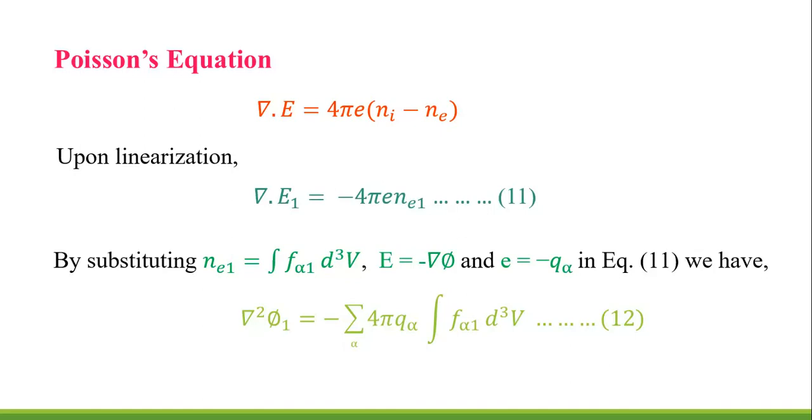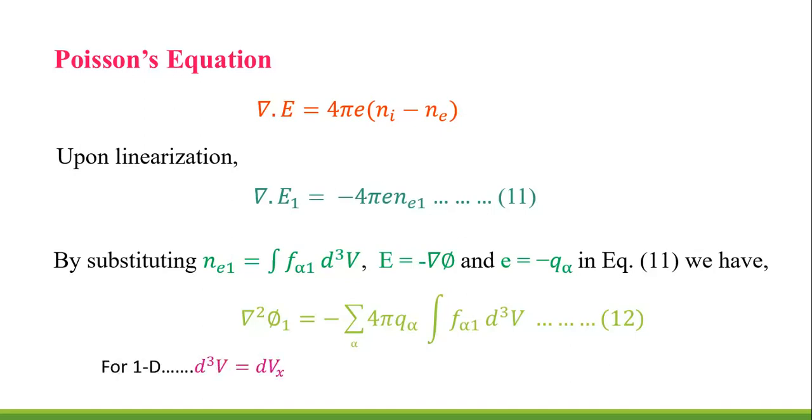So this becomes del square phi 1 is equal to summation over alpha of 4 pi q alpha, and instead of this number density, we write f alpha 1 d cube v, because in the kinetic model we get the number density by integrating the distribution function over the velocity space. So I have made use of this definition of n e1 in equation number 11 to obtain equation number 12.